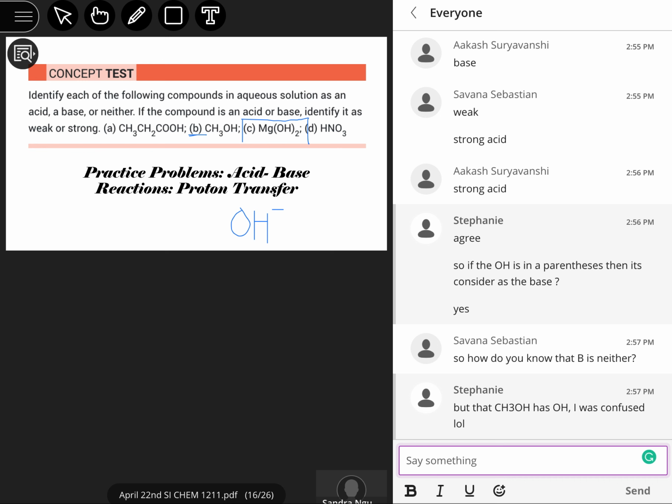But that one has OH, so I was confused. CH3OH. That's what makes it, again, an exception. But it's good to know now that there are exceptions rather than on the test, when you didn't know there was an exception and you get it wrong. But at least now you know CH3OH is definitely neither an acid nor a base. So if you ever see that on a test, you know it's a trick question. You can't trick me.